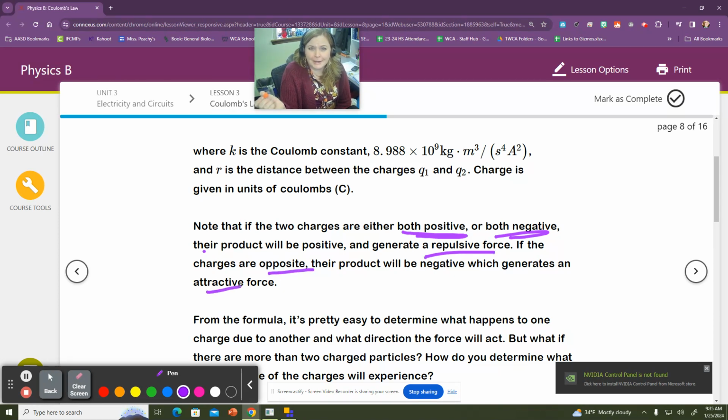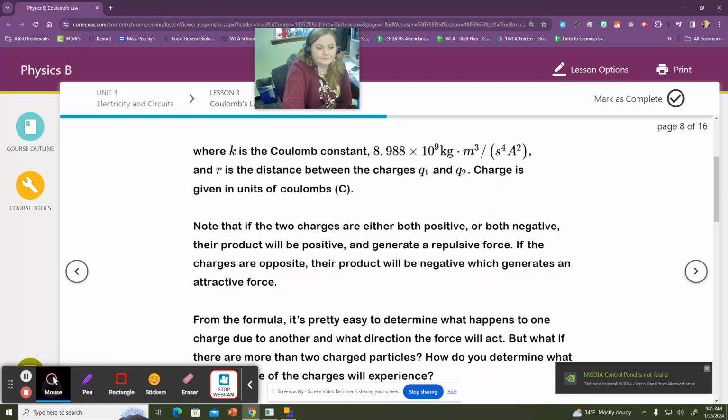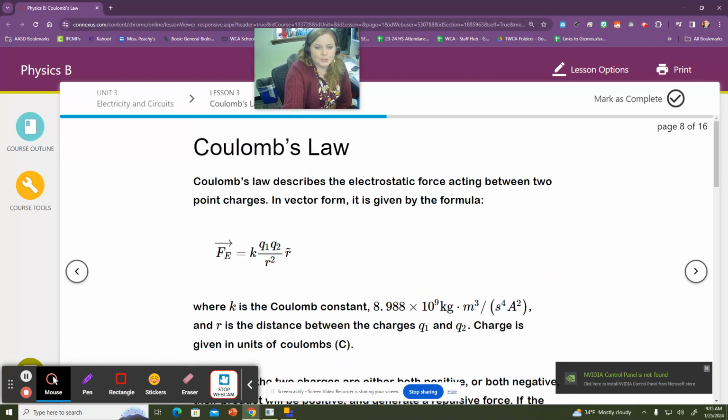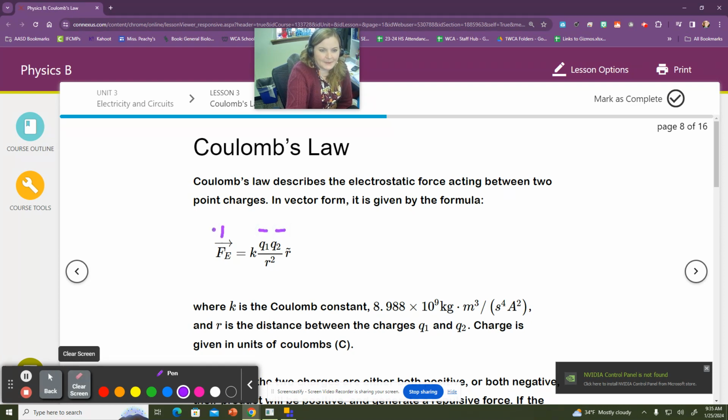We kind of knew that already, practically speaking, but it also works mathematically, because if you put in two positives, then your force is going to be positive. Or two negatives, then your force will be positive. So the positive force means repulsion, negative force means attraction, okay?